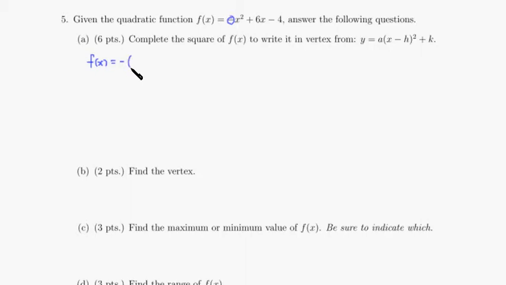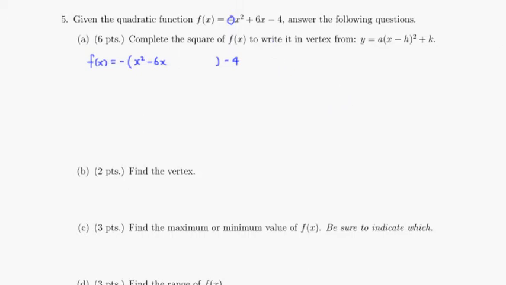So you have x squared, and if you factor a negative sign from 6x, you're going to have minus 6x. Then you put negative 4 right at the end. We didn't factor out the negative 1 from negative 4, so it's the same as before.